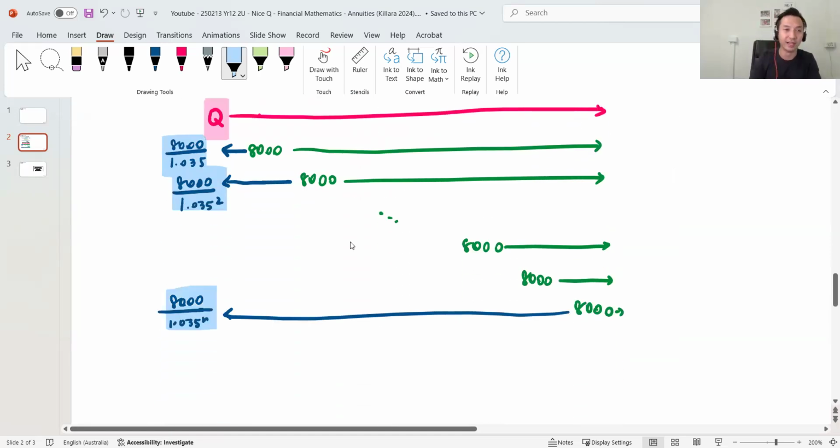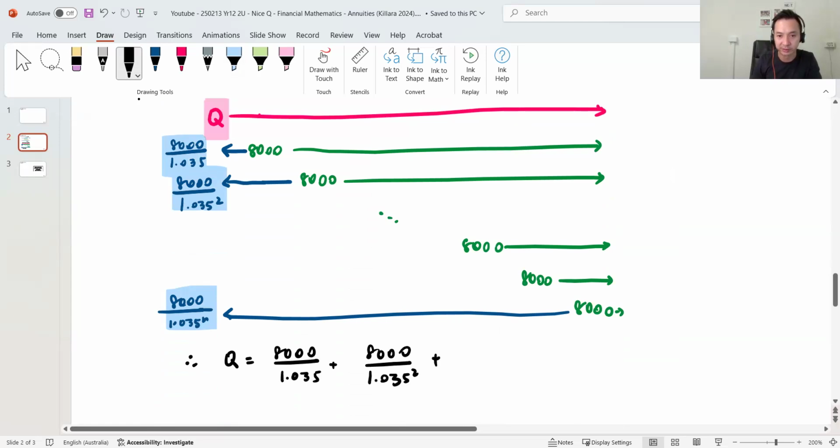So you go, therefore, Q equals 8,000 first year of compounding, 8,000 second year of compounding or reverse compounding, plus the last year of reverse compounding.